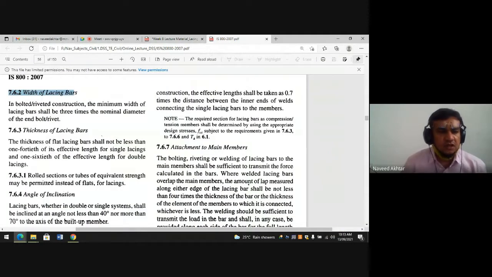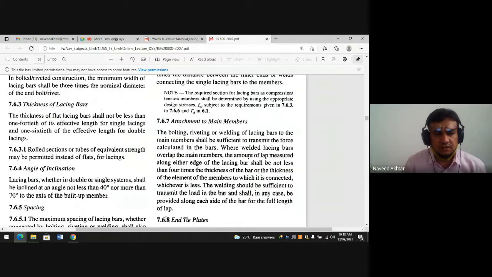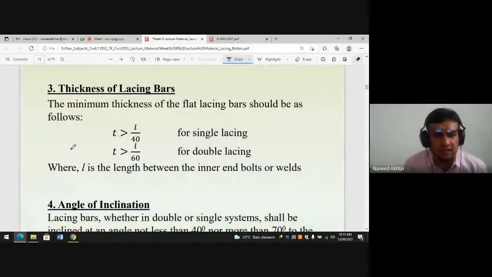Now the thickness of lacing bar. The minimum thickness of lacing flat bar should be as follows. t is greater than L by 40 for single lacing system.